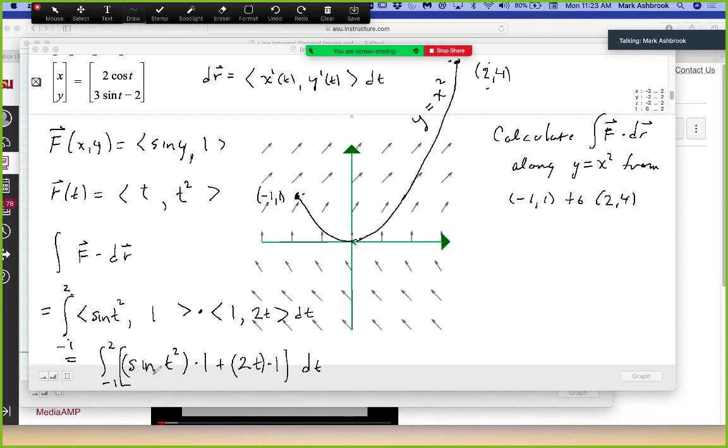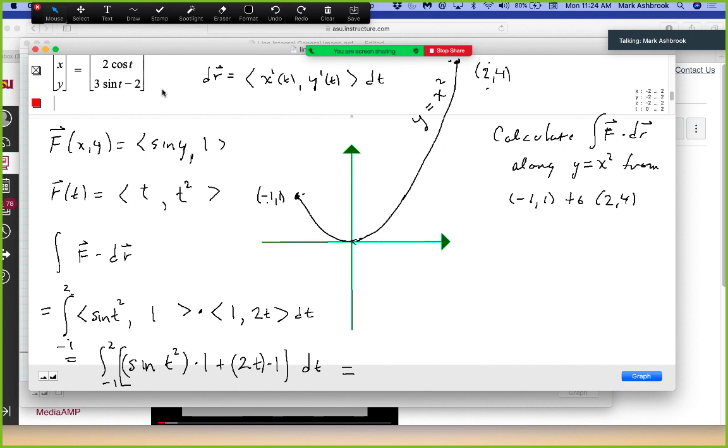Now we have a single variable integral, and normally you've been solving these for three, four semesters now. For this particular one, sine of t squared, I think it doesn't even have a closed form antiderivative, but it doesn't mean that it doesn't exist. It's just that we need technology to do a numerical value for us to solve it.